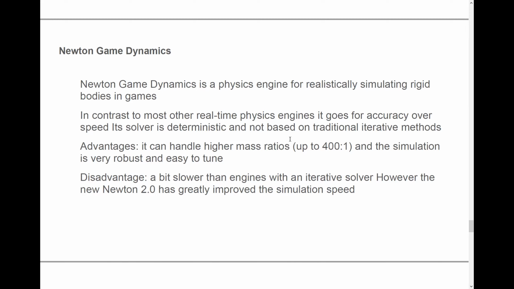Its core program, the solver, is deterministic, and it's not based on traditional iterative methods. So we can handle higher mass ratios, and the simulation is very robust, but it's a bit slower than the other engines. But Newton 2.0 has greatly improved the simulation speed.